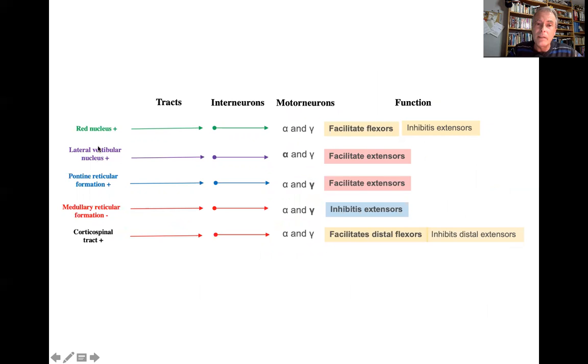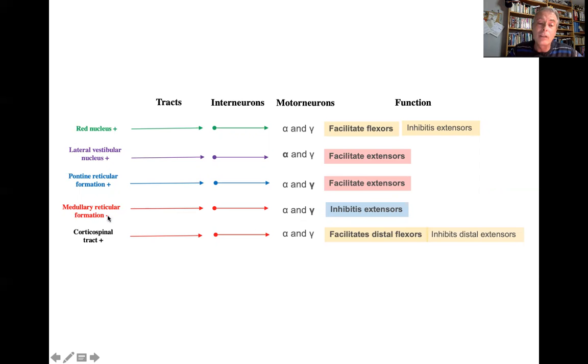The lateral vestibular nucleus mostly acts on alpha motor neurons and facilitates extensors. The pontine reticular formation works synergistically with the vestibular nucleus and facilitates extensors, but acts mainly on gamma motor neurons. The medullary reticular formation is inhibitory over extensors, and acts mainly on gamma motor neurons.